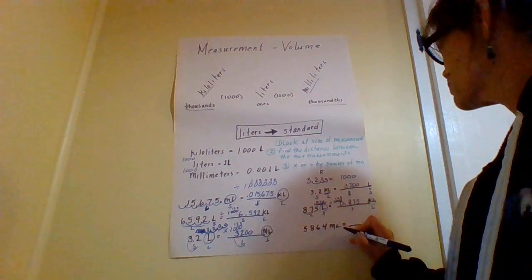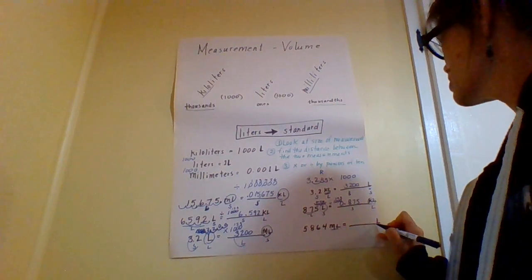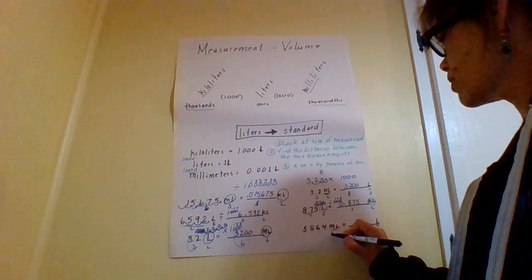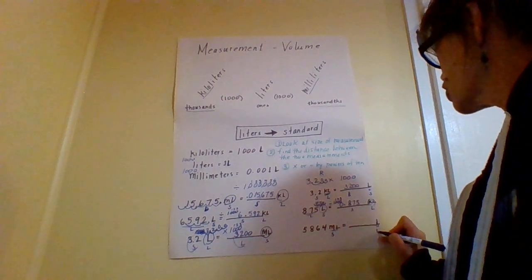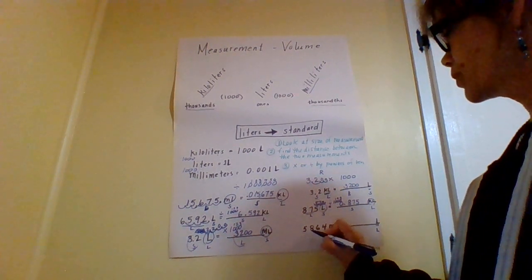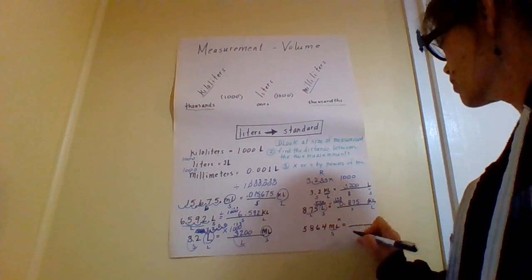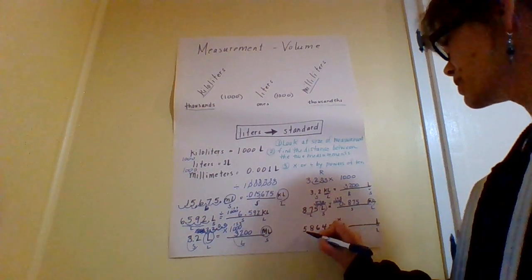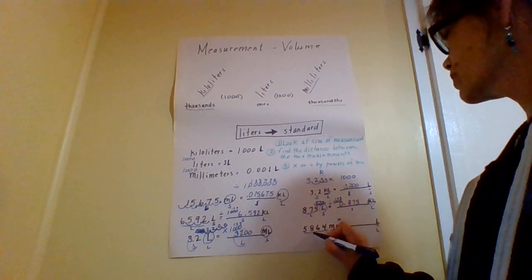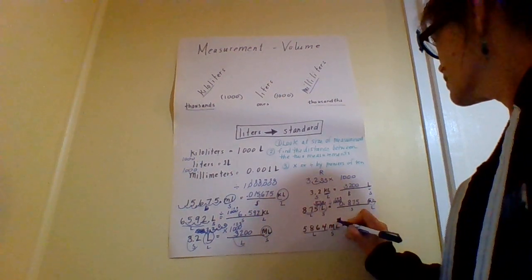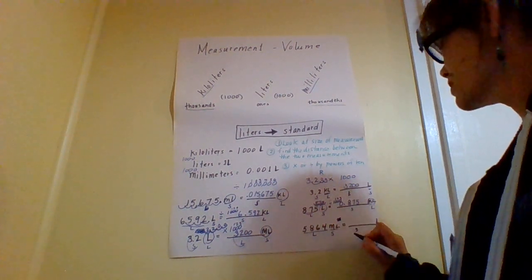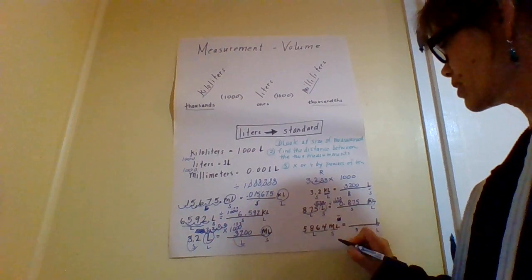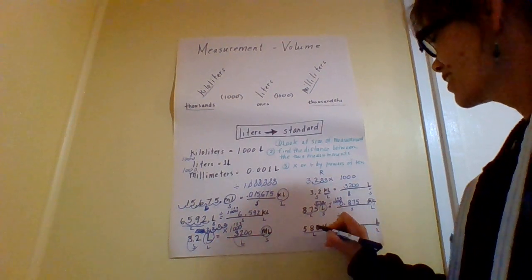All right. Last problem, we're going from milliliters to liters. Milliliters are smaller, liters are larger. So that means this number is going to be larger, and this number is going to be smaller. So that means we're dividing. I got ahead of myself.